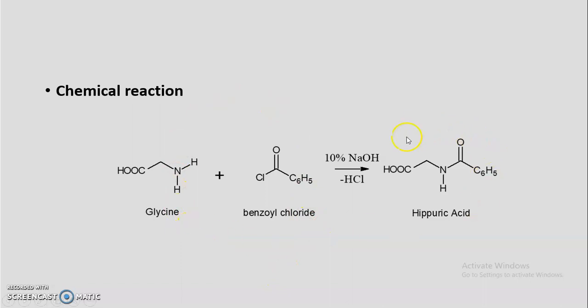If we see the structure of this benzoyl glycine or hippuric acid, it consists of an amide functional group, and we know amides consist of 1 mole of an organic acid linked to 1 mole of an amine. Now a water molecule must be removed to make a new carbon and nitrogen bond.